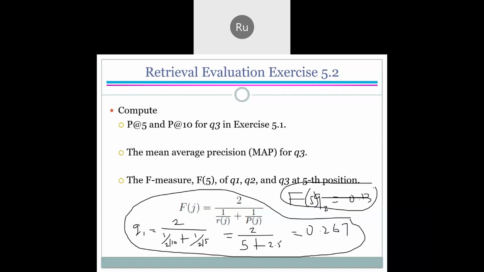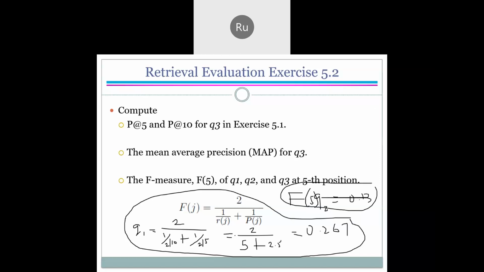Okay. So today you learn how to use recall and precision to plot the precision and recall curve. You learn how to measure MAP. So the MAP can be used to assess the quality of the information retrieval and also compare.